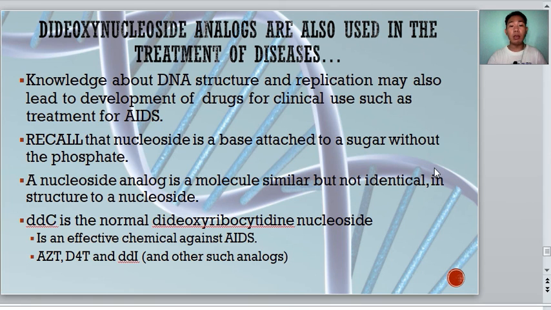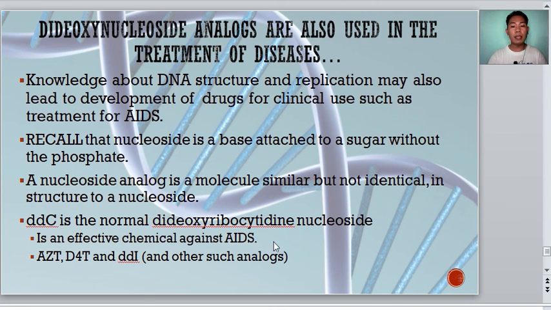Recall that a nucleoside is a base attached to a sugar without the phosphate. So a nucleoside analog is a molecule similar but not identical in structure to a nucleoside. Presently, DDC is the dideoxyribocytidine nucleoside, which is actually an effective chemical against AIDS.